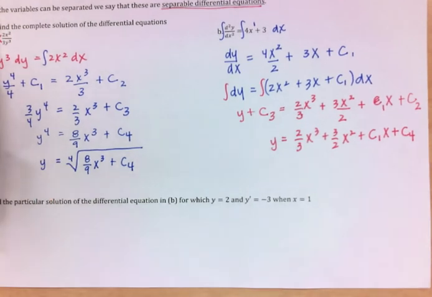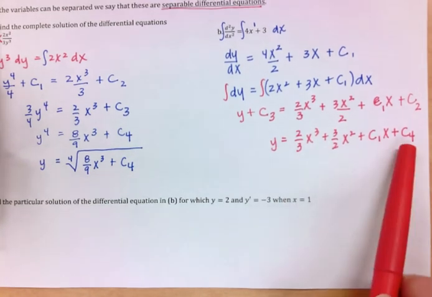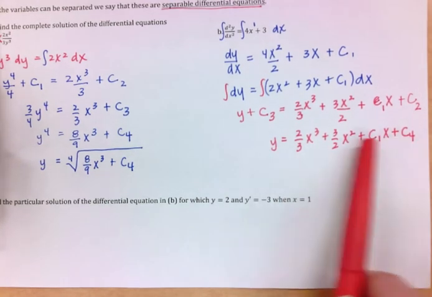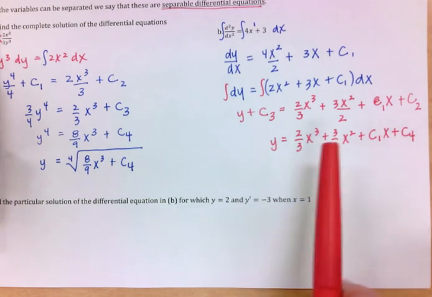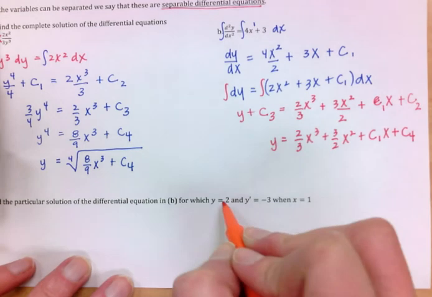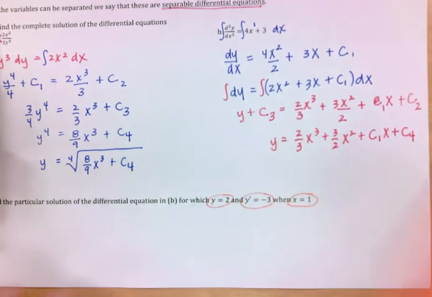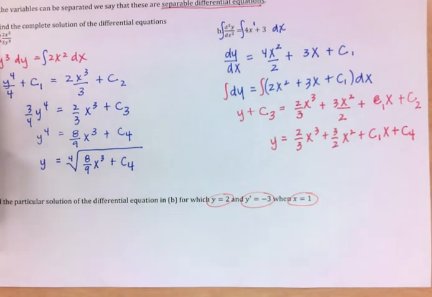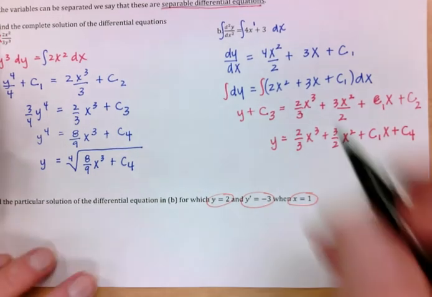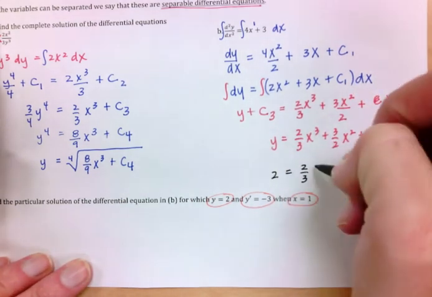Here we have y, x, c1, and c4 as variables, so we can't solve for this all at once, and we're going to need to be strategic. They gave us that y is 2, y prime is -3, and x is 1. So we're going to be plugging those things in. We know y is 2, so if we start with this one, we would say y is 2, 2/3, x is 1.